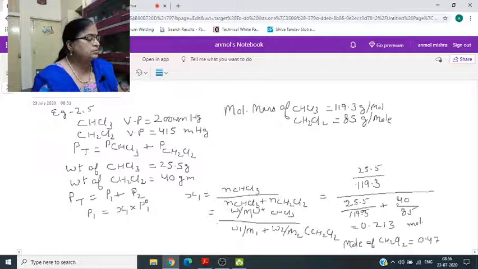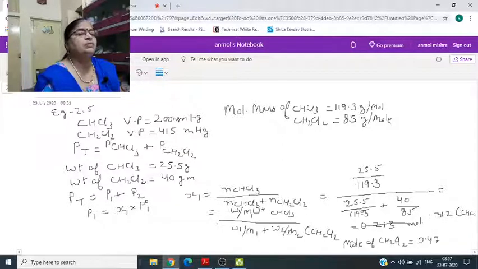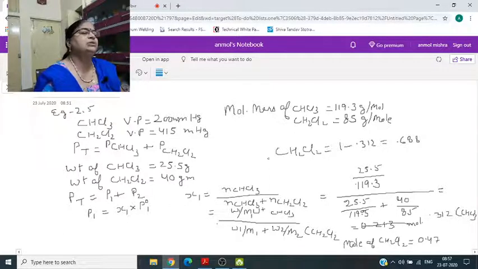So now the mole fraction for chloroform will be 0.312, and for CH2Cl2 it will be 1 minus 0.312, so that will be 0.688. So this is x2 and this one is x1.